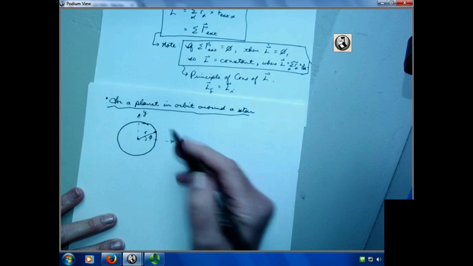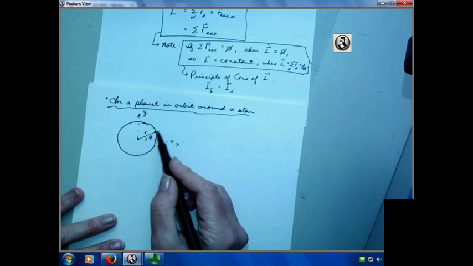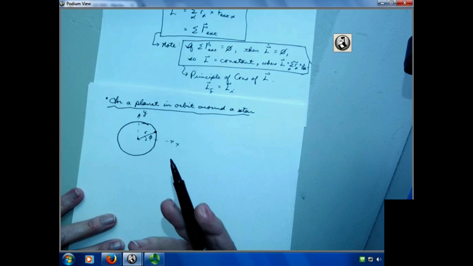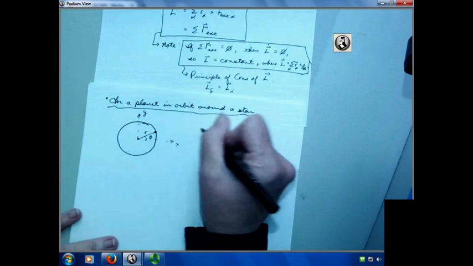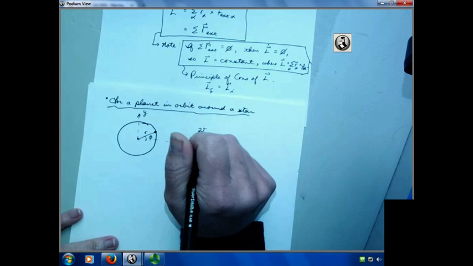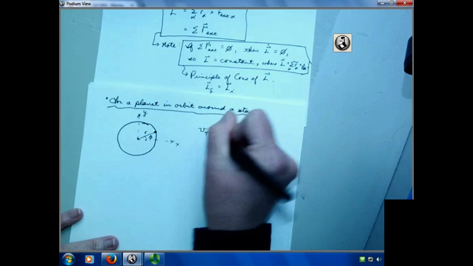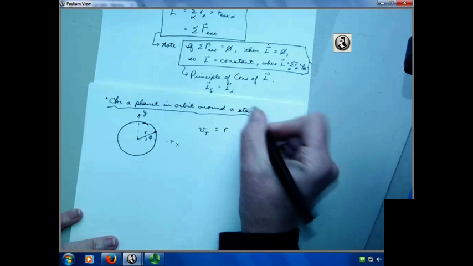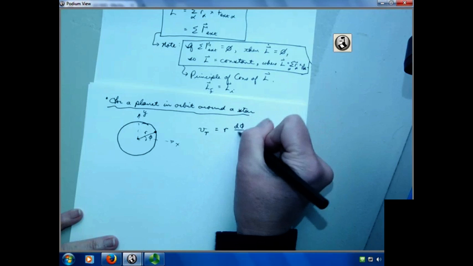And in that case, the phi hat component of the velocity of that planet, which is the tangential velocity, which is what it will always move with, is going to be equal to r times d phi dt.